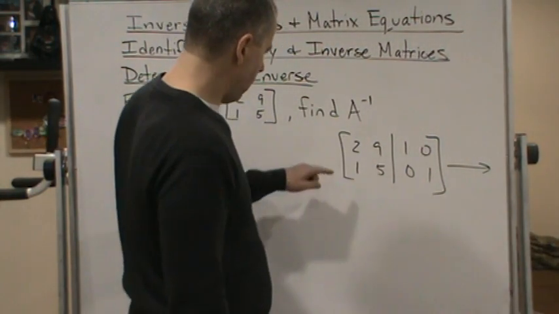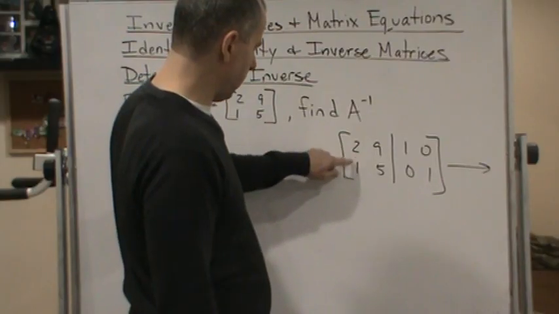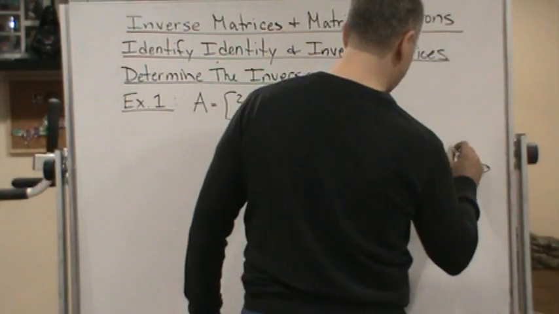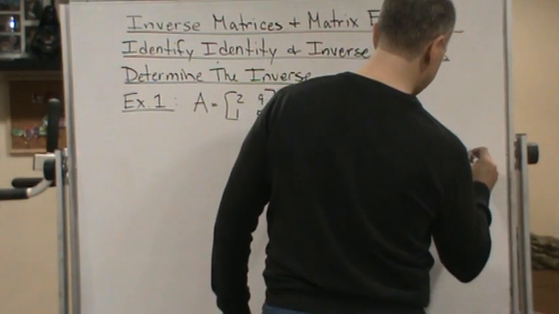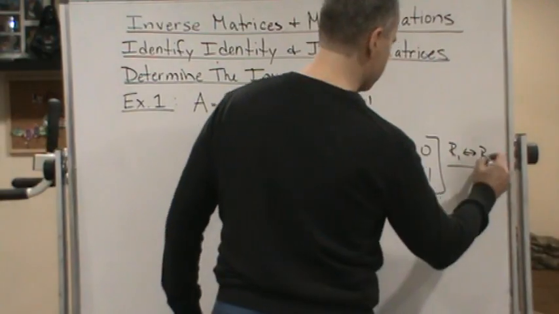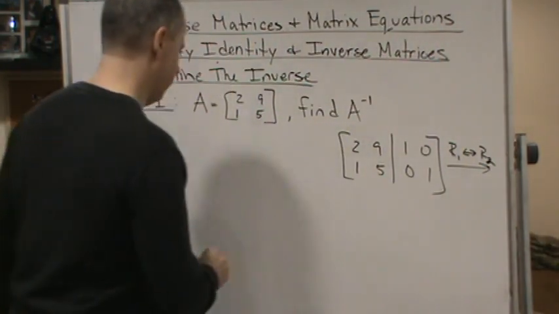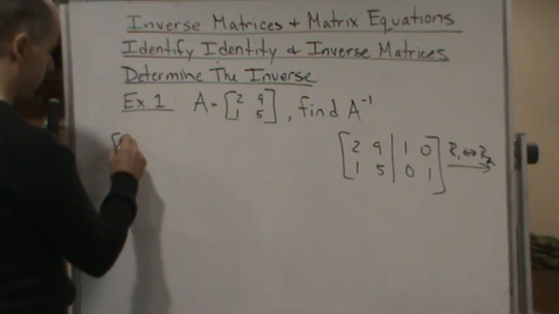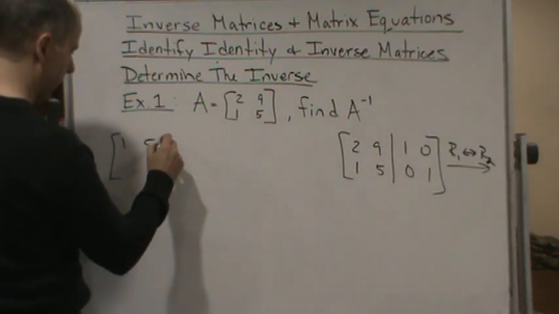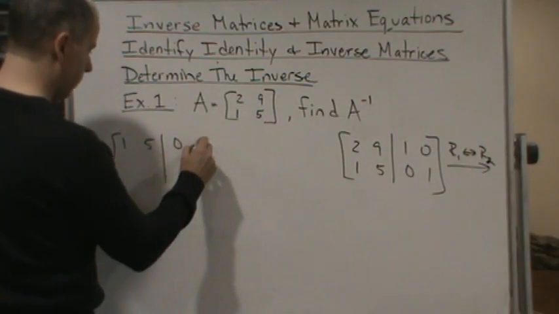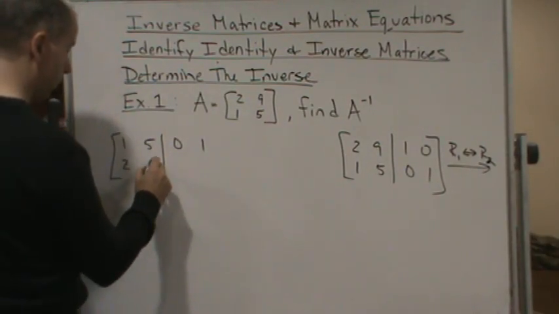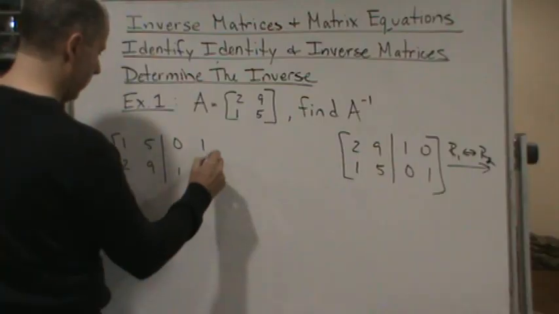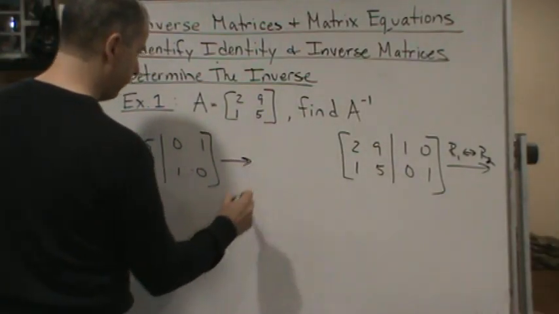So the first thing I'm going to do is swap these rows. So I'm going to swap row 1 with row 2. And so that's going to give me 1, 5, 0, 1, 2, 9, 1, 0.